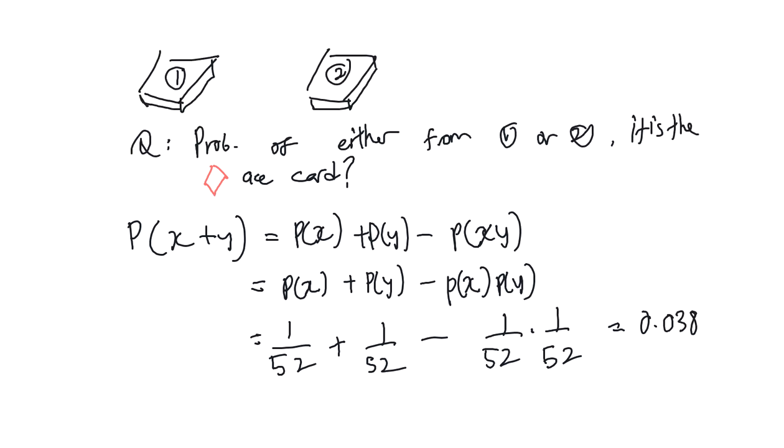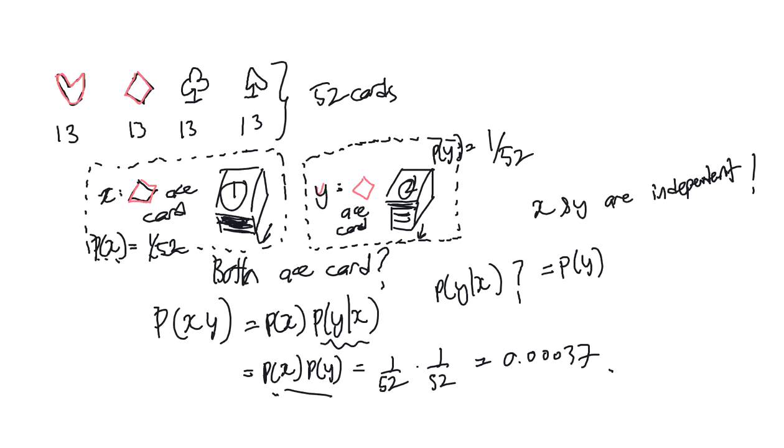So you see, it is easier to get this outcome rather than the first one, right? So that is an example.